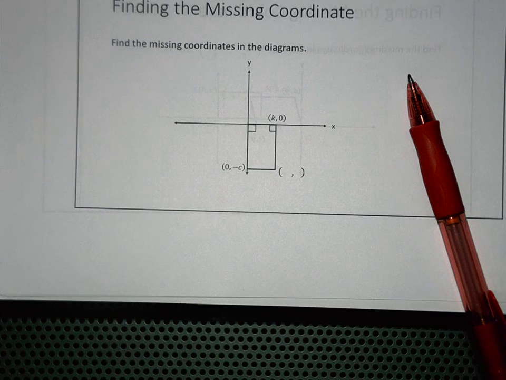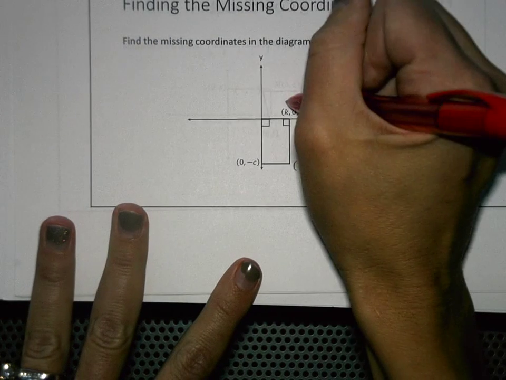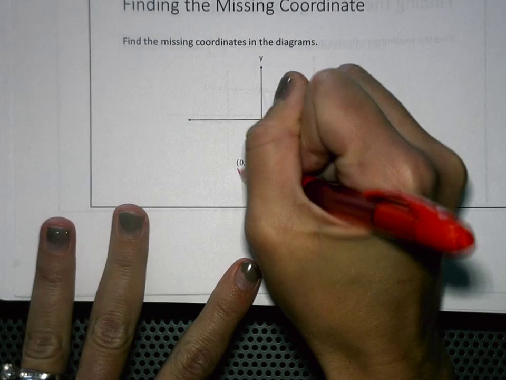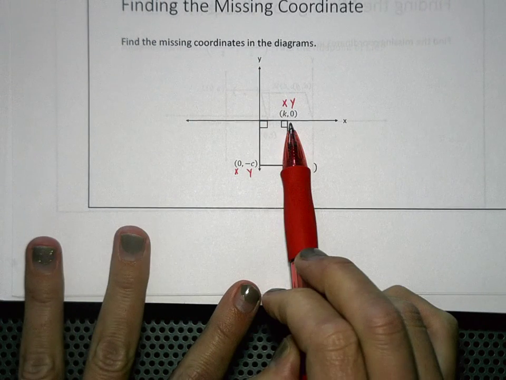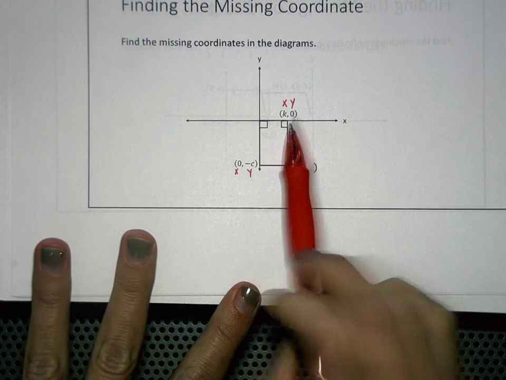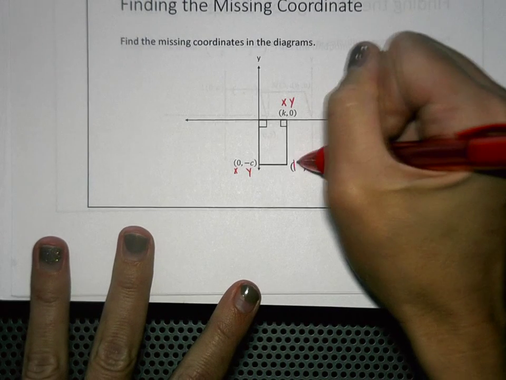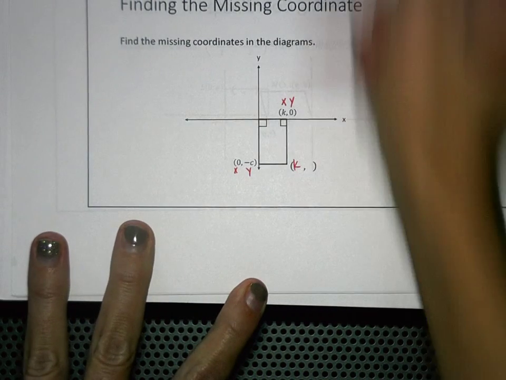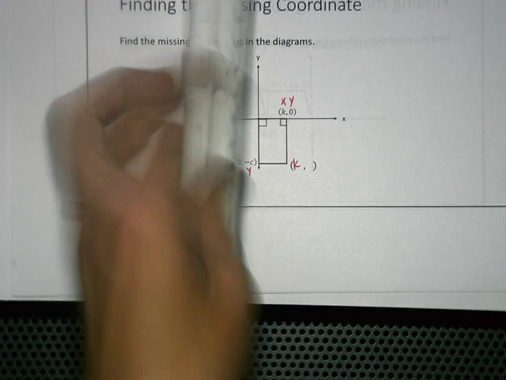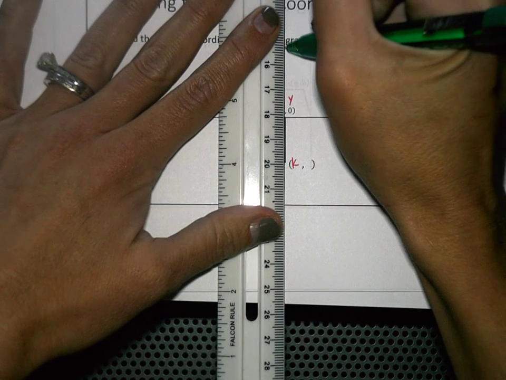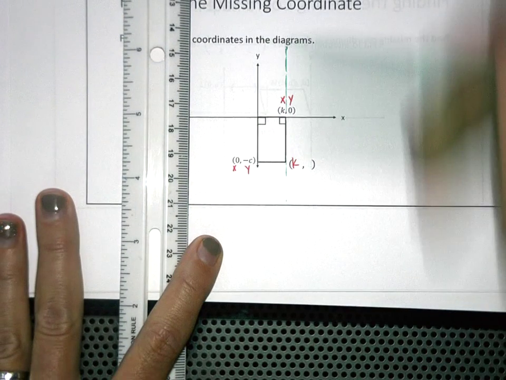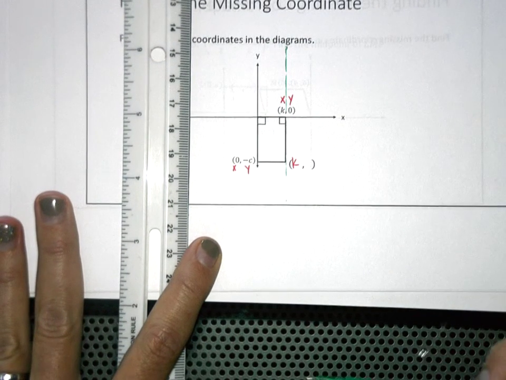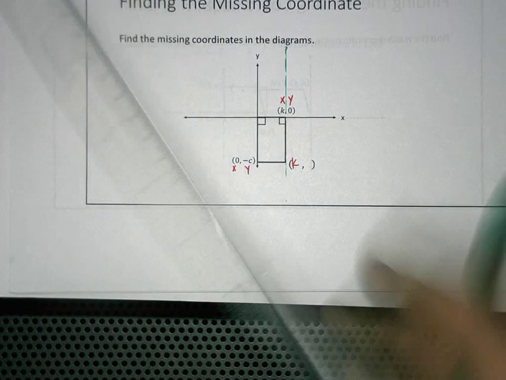Okay, so I'm going to start going through this one here real quick. But again, we have each of our X and Y's. So this still goes over the X value, and the X value is K. So any point on this line, and I'm just going to draw it out here for a minute, any X on that line is going to be K. Same thing over here.